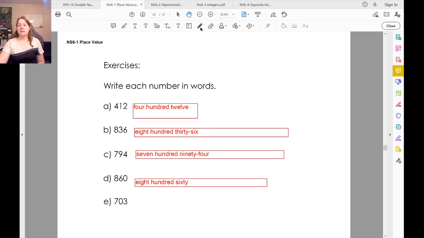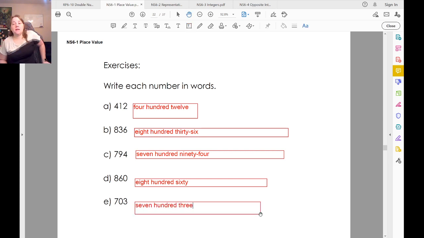And then the last one that we have would be 703. Again, you can see that there is no and in any of these. It's just how many hundreds and then the final number.